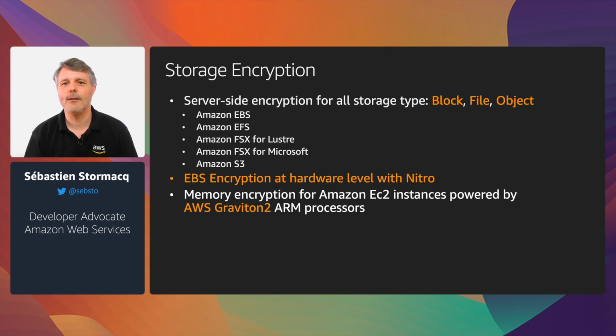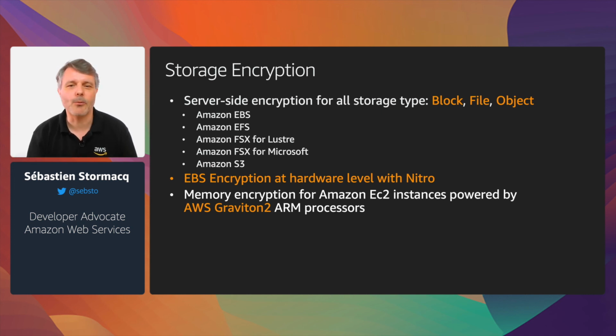If you were attending or following the news at re:Invent 2019, you also noticed that we introduced a new family of ARM processors. It's called Graviton2. It will be available during Q2 this year. These processors are also encrypting the data in memory.